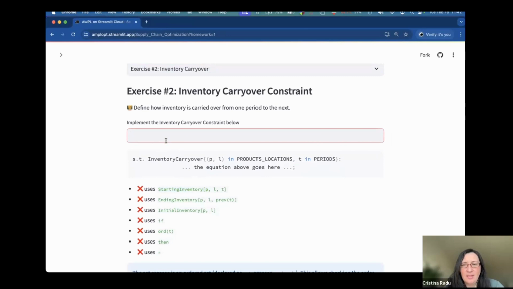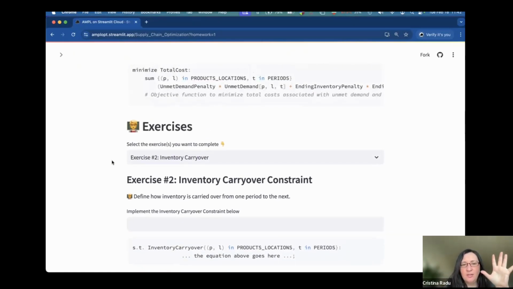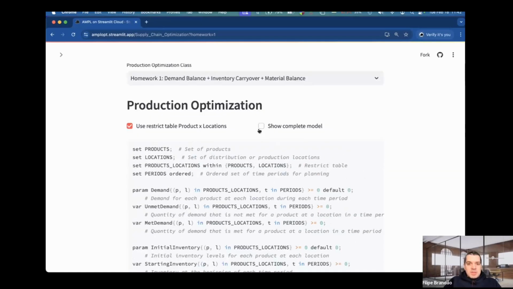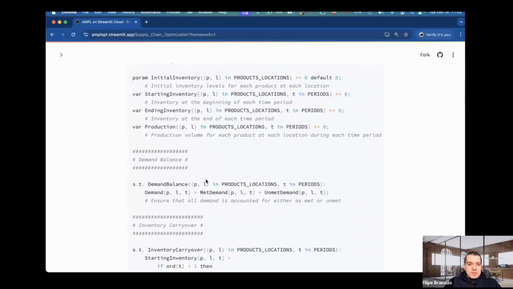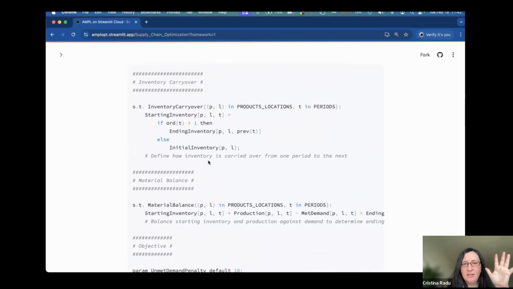I just wanted to show this, but maybe not now, because we should have shown it first, like go in the app and show exercise 1, 2, 3, and then talk about the infeasibilities, but maybe they will figure it out. In the beginning I showed the complete model, but I did not go into the equations. In the other videos, I just wanted to show how you fill in the equations, a bit like what you showed with the met and unmet demand. But yeah, I think it's okay.